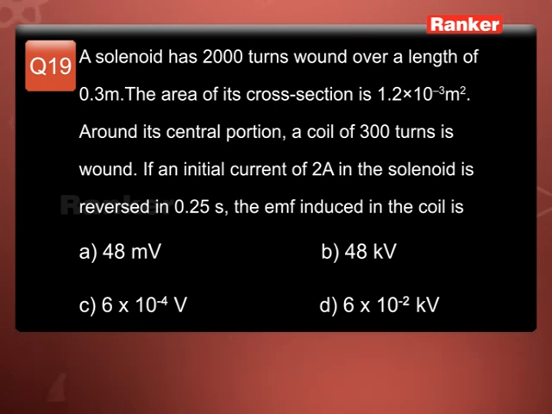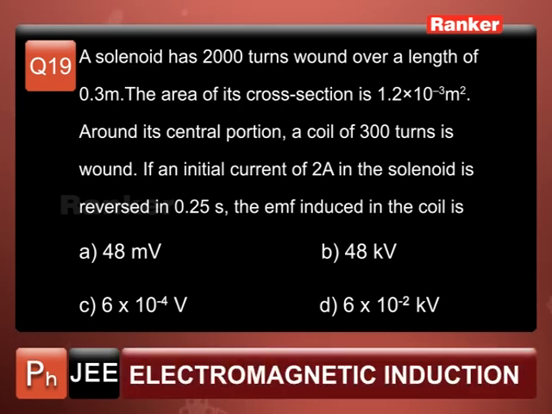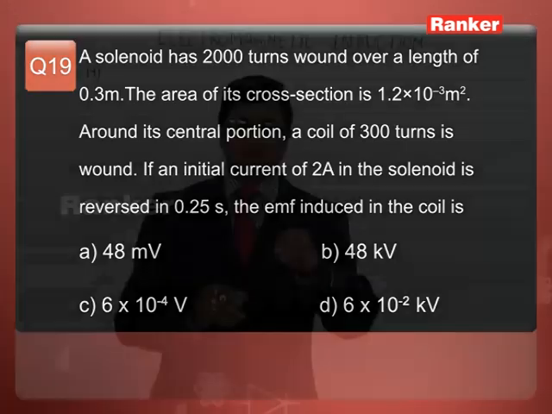Around its central portion, another coil of 300 turns is wound. If an initial current of 2 ampere in the solenoid is reversed in 0.25 seconds, the EMF induced in the coil is how much?